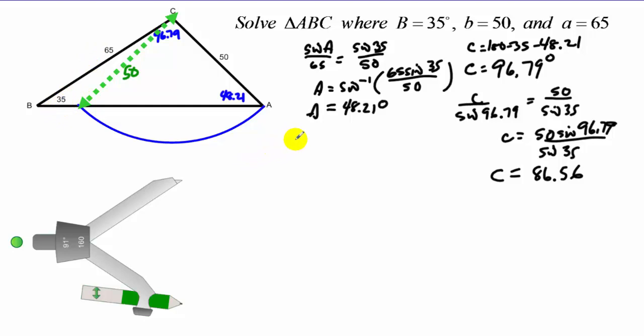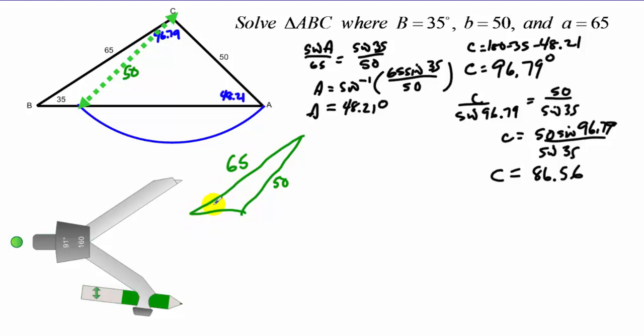My new triangle looks like this green guy right here, which certainly looks nothing like the initial black triangle, but I still have the same initial conditions.